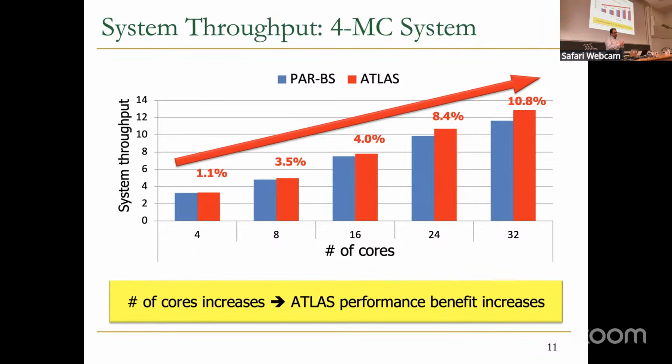When you have a much higher number of cores compared to the number of memory controllers, the problem of memory bandwidth is more severe, and that's why scheduling makes much more impact here.